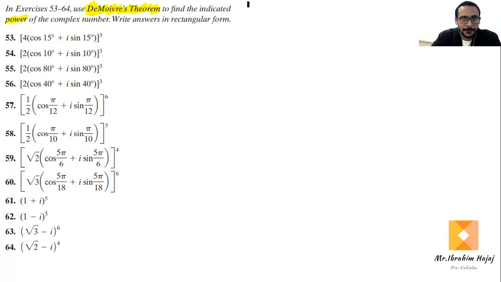Question 53. 4 to the power of 3, 4 times 4 times 4, 64. Let's write the rule up here for all. It is r to the power of n, and the angle is multiplied by n: cosine of the angle times n plus I sine of the angle times n.